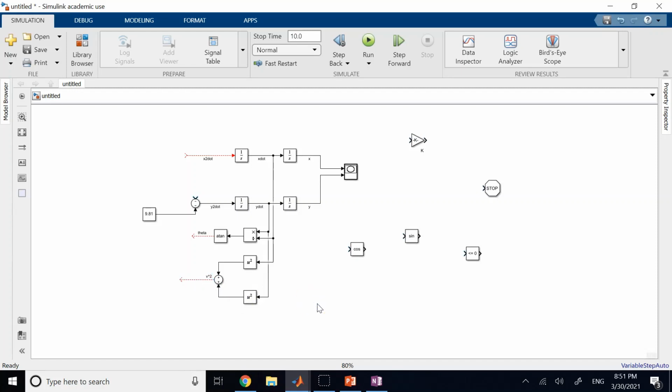And then you have theta. And if you multiply v squared by this constant k, this is going to be your drag force divided by m, which now needs to be multiplied by sine and cosine of theta. So you need to bring these both and attach them both to theta.